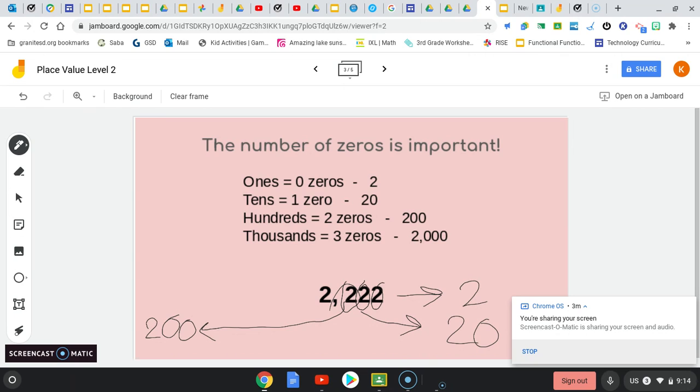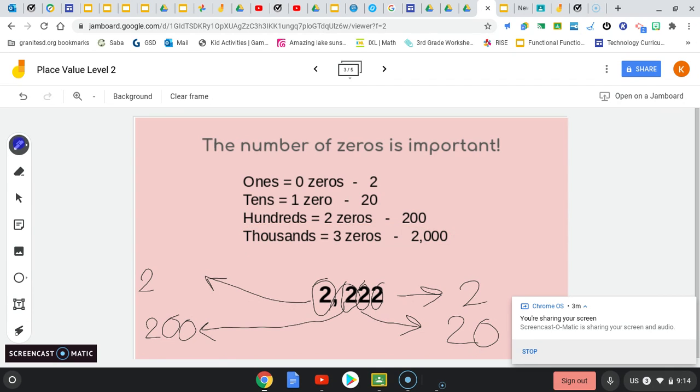Our last digit is in the thousands place. Take a look up here at our little cheat sheet. Thousands need 3 zeros. So we're going to write the digit that's in the thousands place right here, and we have to add 3 zeros.